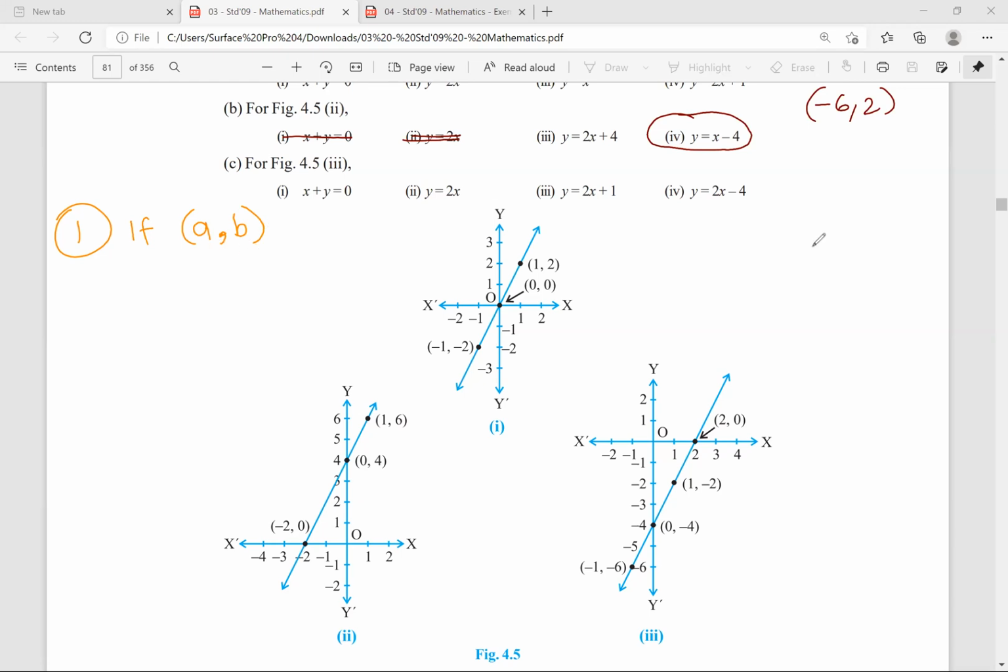If a comma b is a solution of a linear equation, then the point a comma b will lie on its line, right?